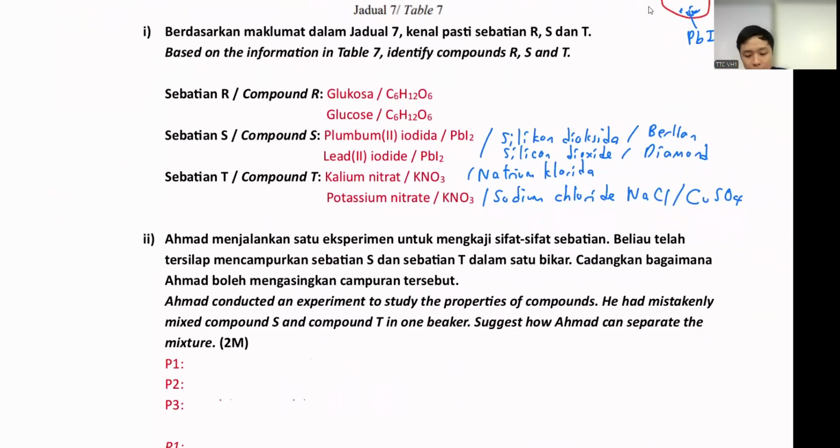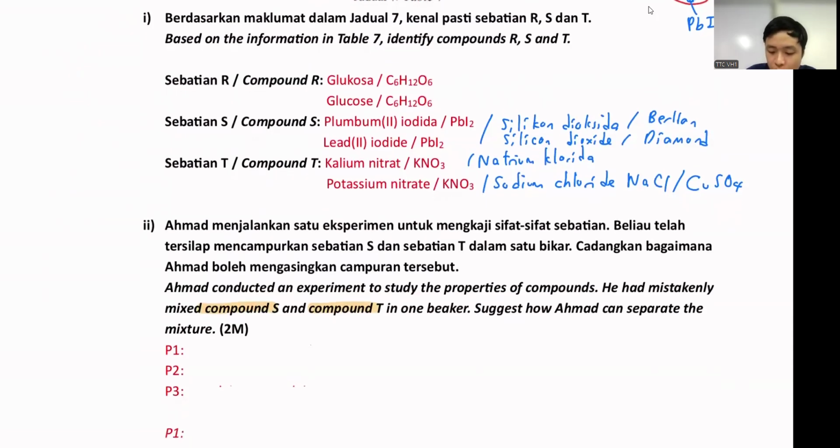Second, this one is a bit more related to Form 4, Chapter 6. Ahmad conducted an experiment to study the properties of compounds. So he mixed compound S and T together in one beaker. Let's assume S is lead-2 iodide, T is potassium nitrate.